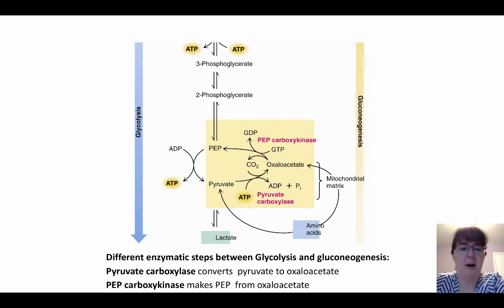So just again, pyruvate carboxylase is going to convert the pyruvate to oxaloacetate, and then we're going to have PEP carboxykinase making phosphoenolpyruvate from oxaloacetate. So again, it's going to take 2 different enzymes and essentially 2 steps to get the gluconeogenesis pathway going.